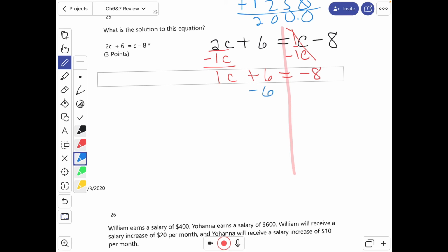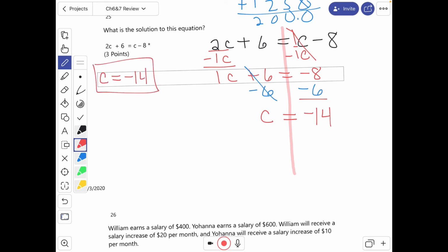So next to the variable is plus 6. The opposite of plus 6 is minus 6 to both sides. They cancel. 1C, or just C, is left alone, equal sign straight down. And I have a negative 8 and a negative 16. Together, that would be negative 14. So the solution is C equals negative 14.